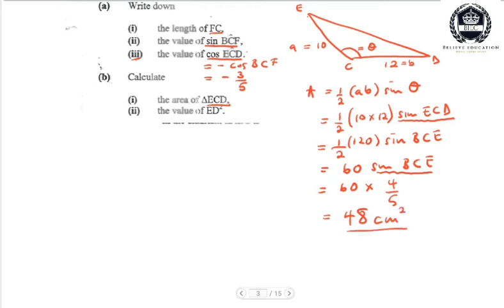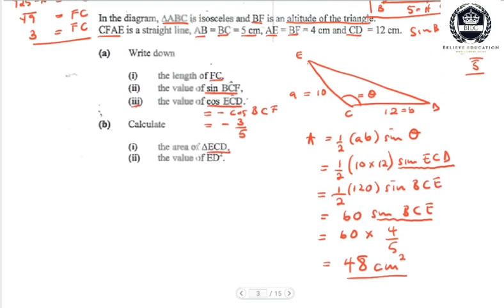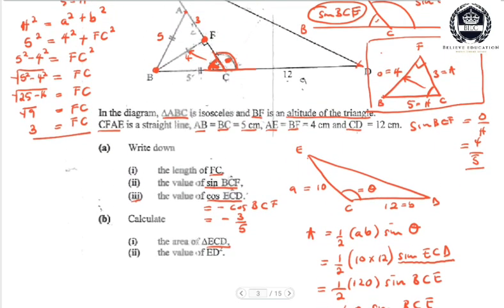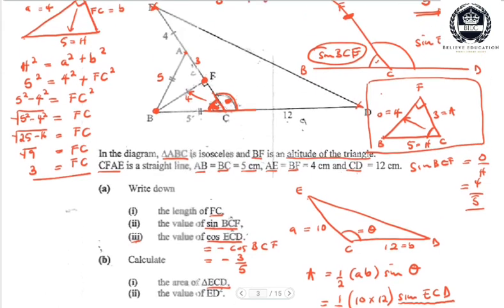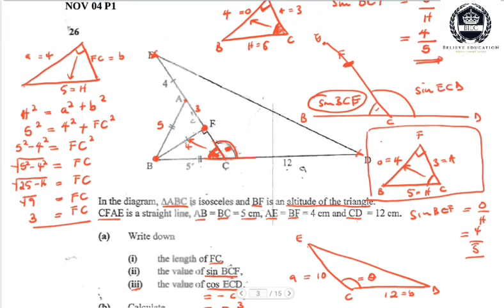Then I go to my last question, in which I'm asked to find the value of ED squared. So for me to find ED squared, I go back, then I extract the triangle with ED.